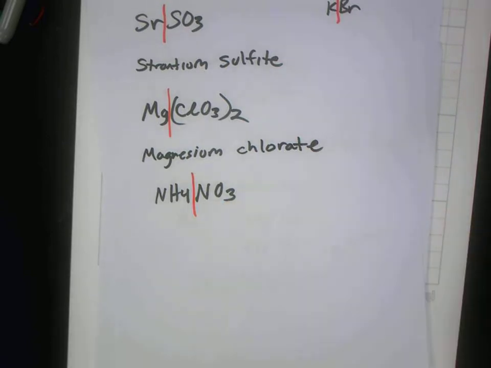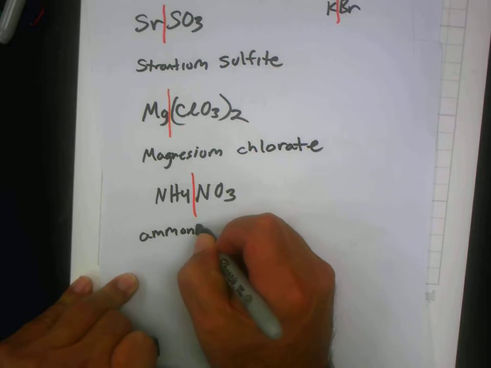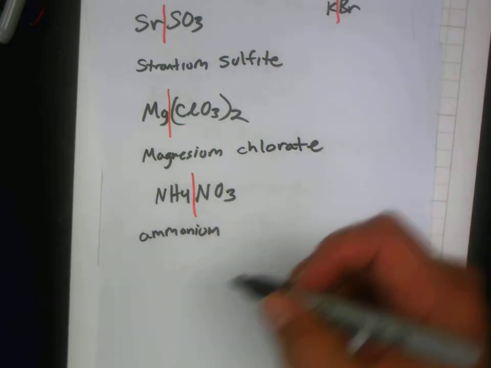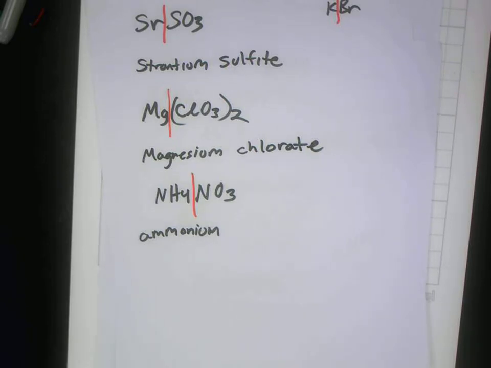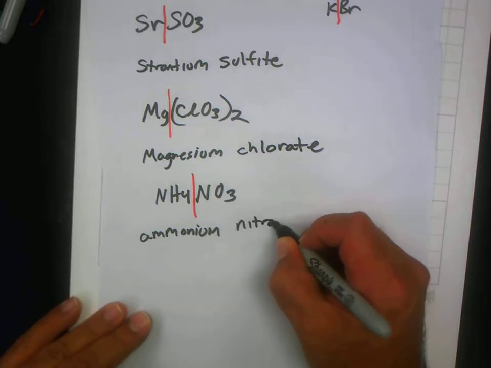So all I have to do is look up what NH4 is and what NO3 is, and I will be able to name it. NH4 is ammonium. So go ahead and put this. Ammonium. And NO3 is nitrate. It's over here, right next to ammonium. NO3 right here is nitrate. You'll be using this table a lot.